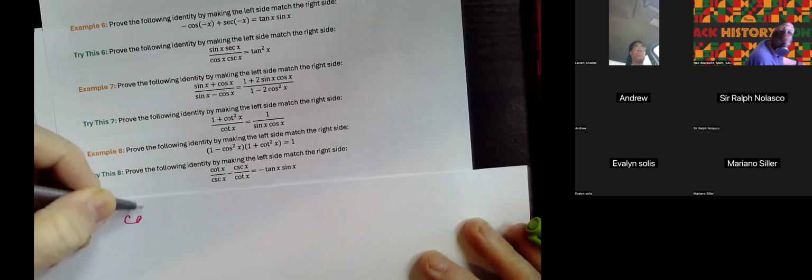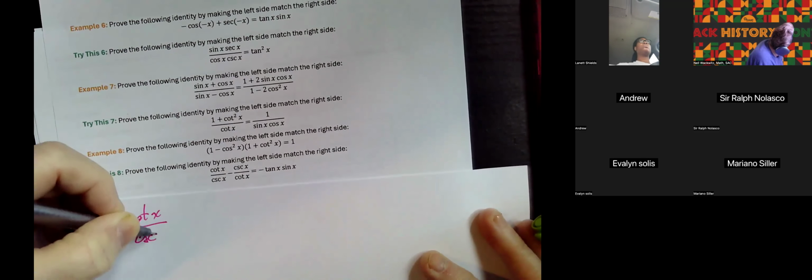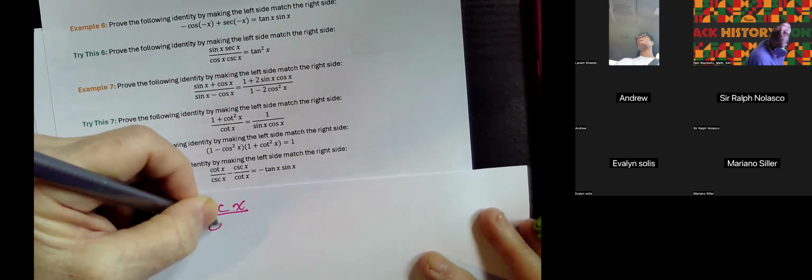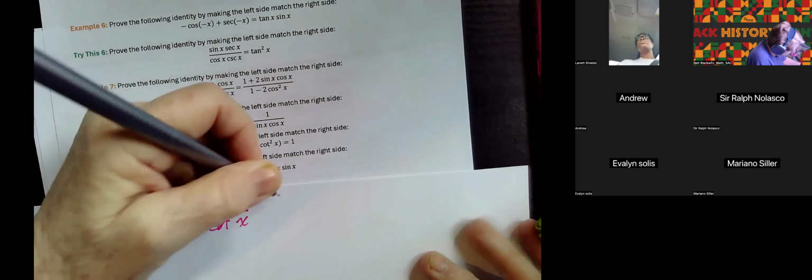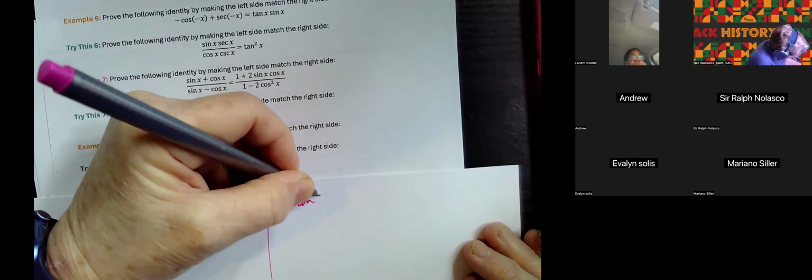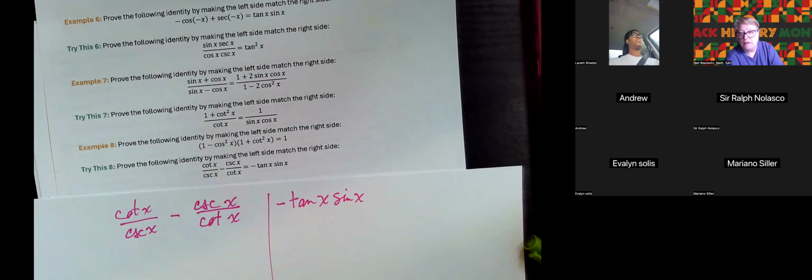So we've got cotangent x over cosecant x minus cosecant x over cotangent x, and then negative tangent x sine x.